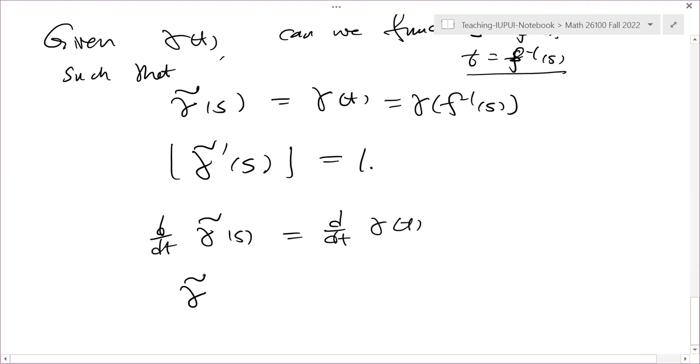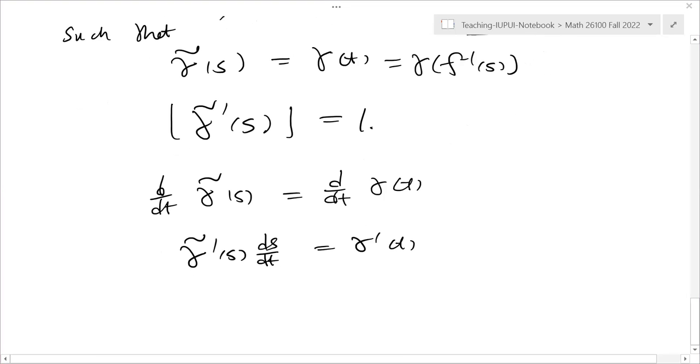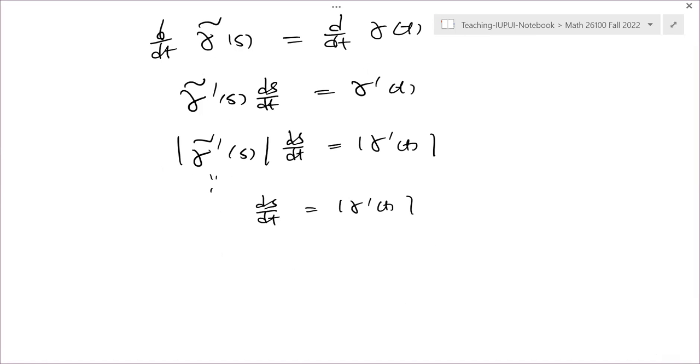Then I take the norm. Since this is going to be 1, I find that ds/dt must be equal to the norm of the derivative. So s cannot be arbitrary.